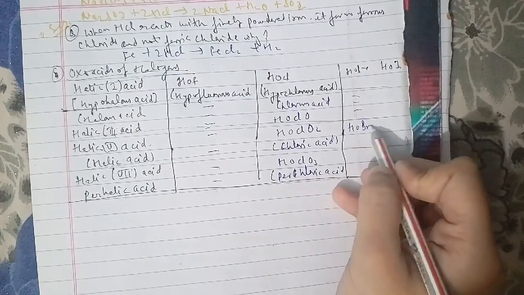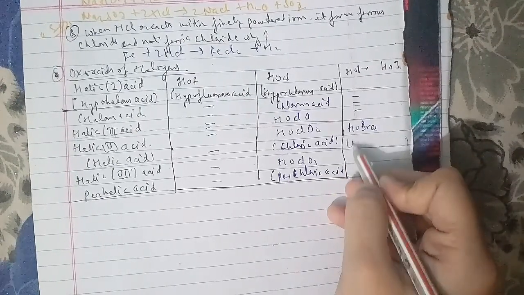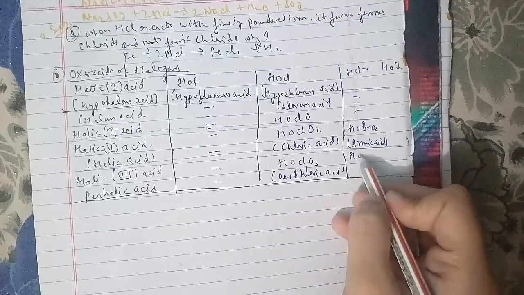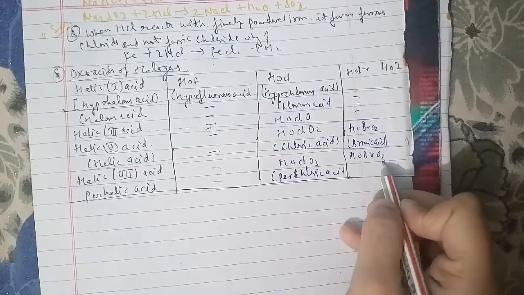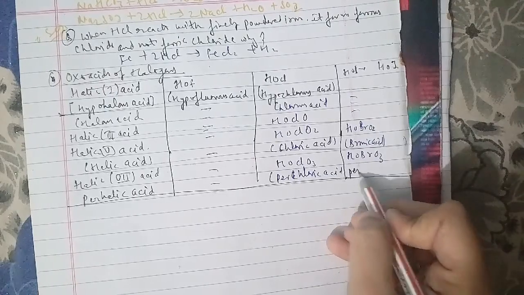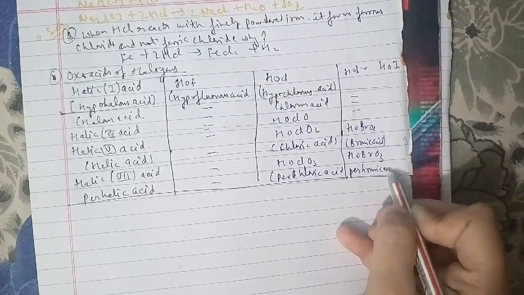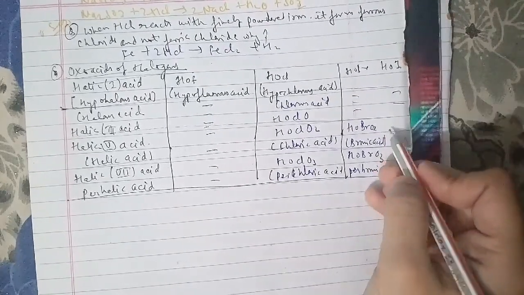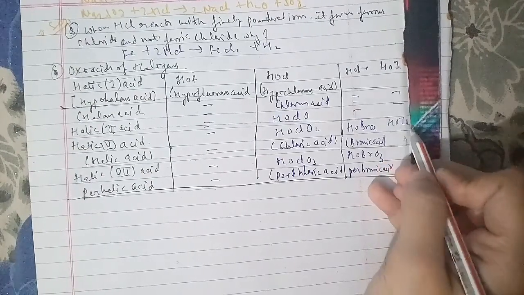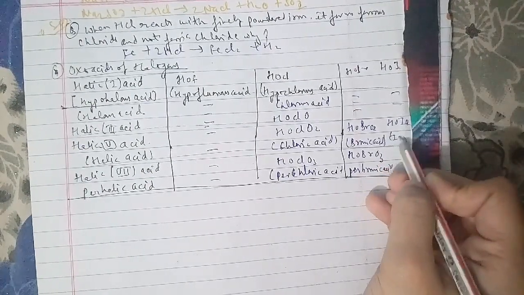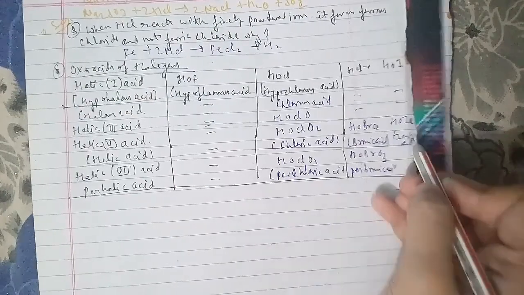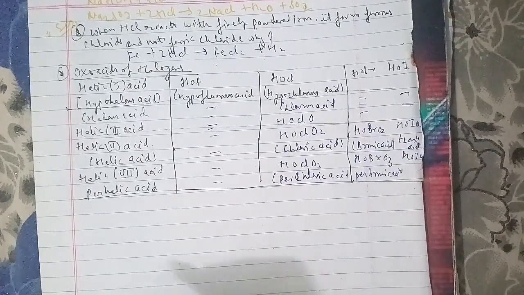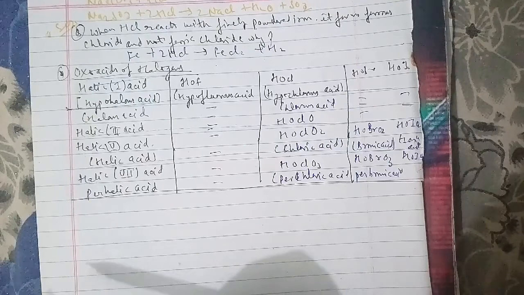Now we'll discuss in more detail the hypochlorous acid, chlorous acid, chloric acid and perchloric acid, and find their structures. Here the structure is H-O-Cl, which is hypochlorous acid.